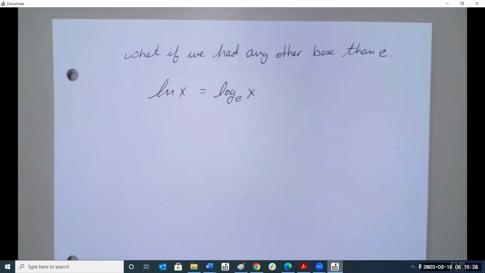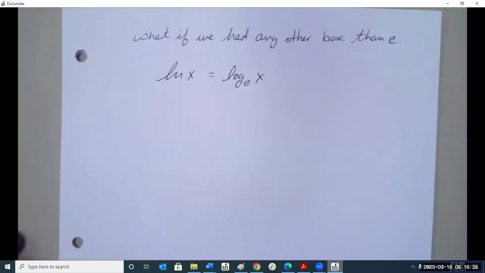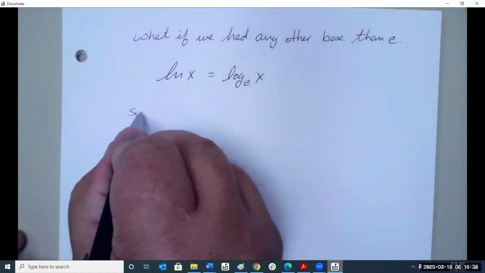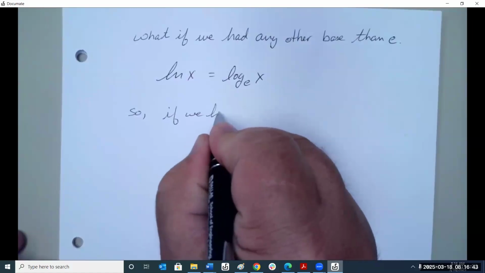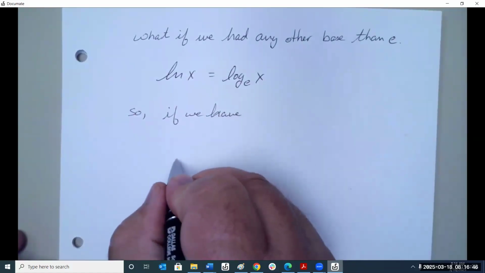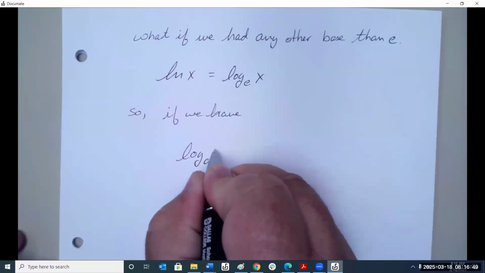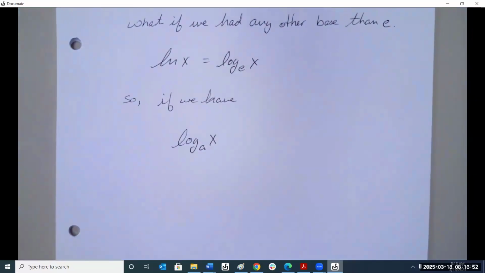And if you think about it, all of our formulas are dealing with ln. So if we have log base a of x, where a is not e, any other value other than that, we have to put it into terms of ln.